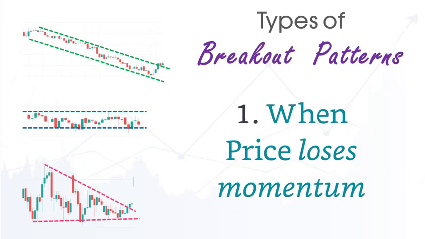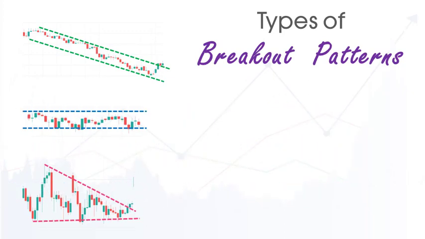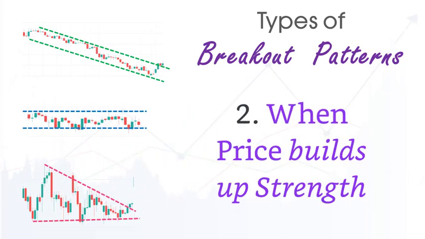And this happens when there is not enough liquidity in the stock. And two is when the price is building up strength for its next trending move. This happens with an increased buying or selling interest. We even call it accumulation or distribution.